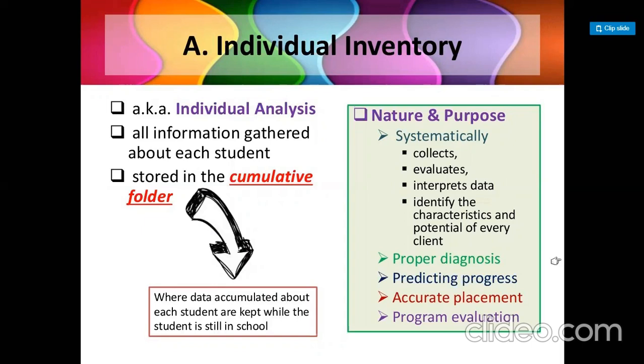When we first encounter the student, or maybe during freshmen year as they enter the school, we conduct this individual inventory. This is stored in the cumulative folder, where data accumulated about each student are kept while the student is still in school.